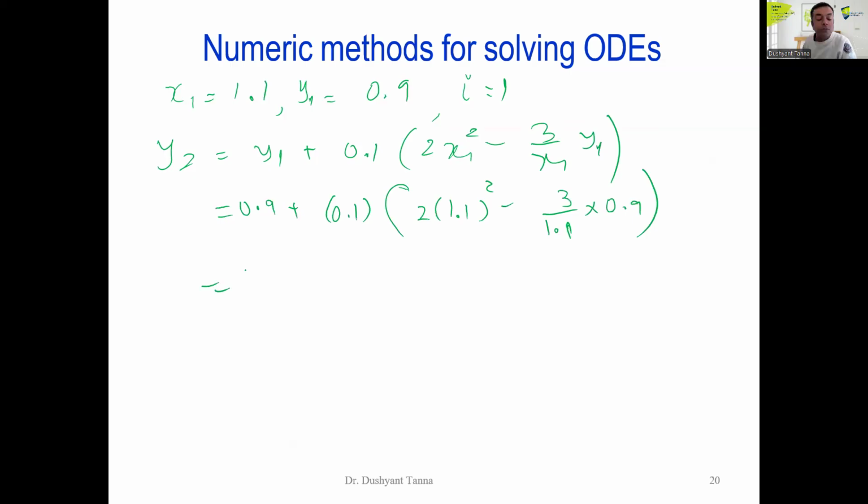Then you use your calculator for simplifying, and then add 0.9, whether positive or negative. That will be 0.896545. That is your y2, when your x2 is 1.2. And then you keep going with your x2, x3 and all that, right?